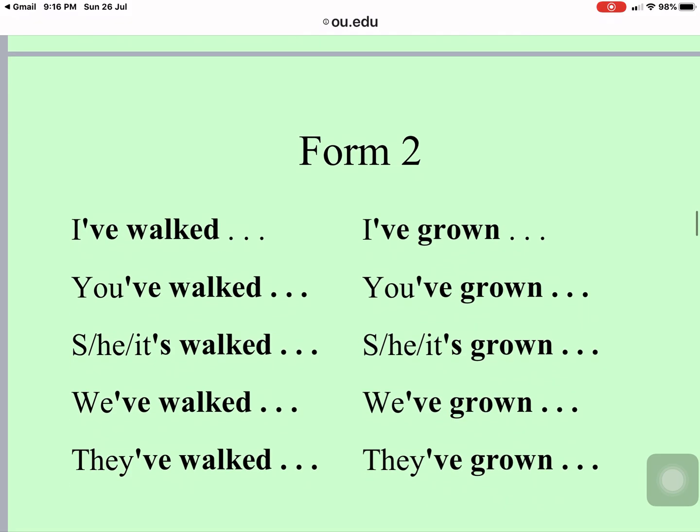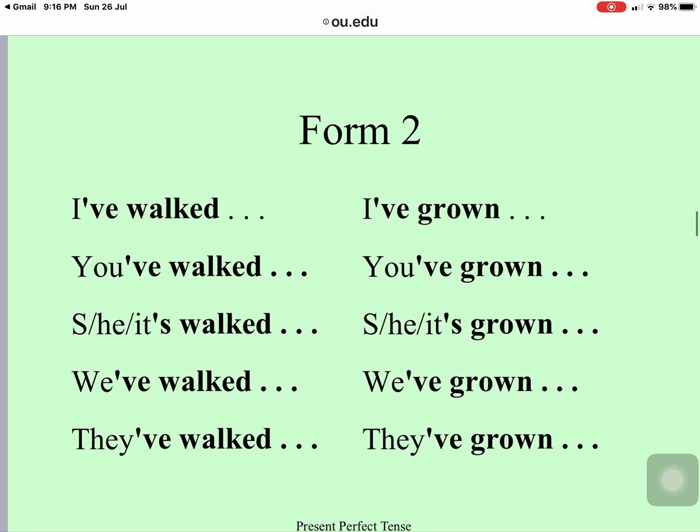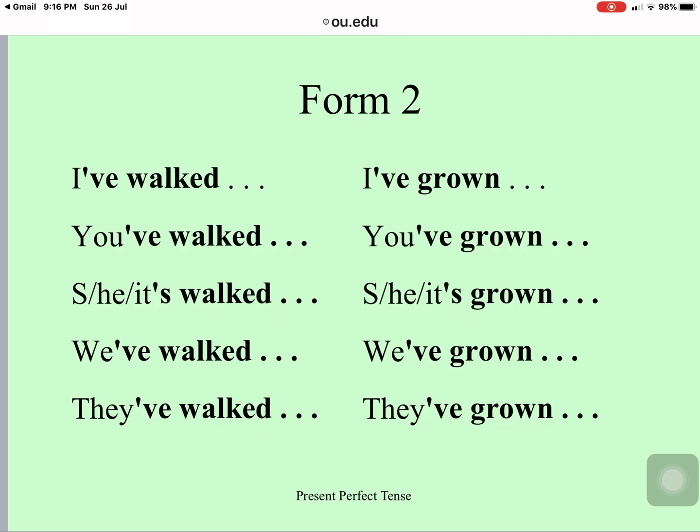Okay. Now here again you can recognize this rule. I have walked. The V3 form of the verb walk is walked. V1 is walk, V2 is walked, V3 again walked, and V1 ing form is walking.